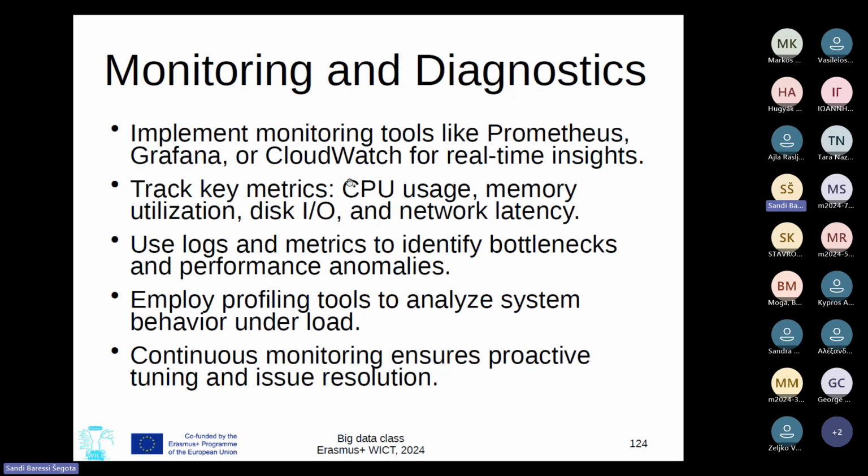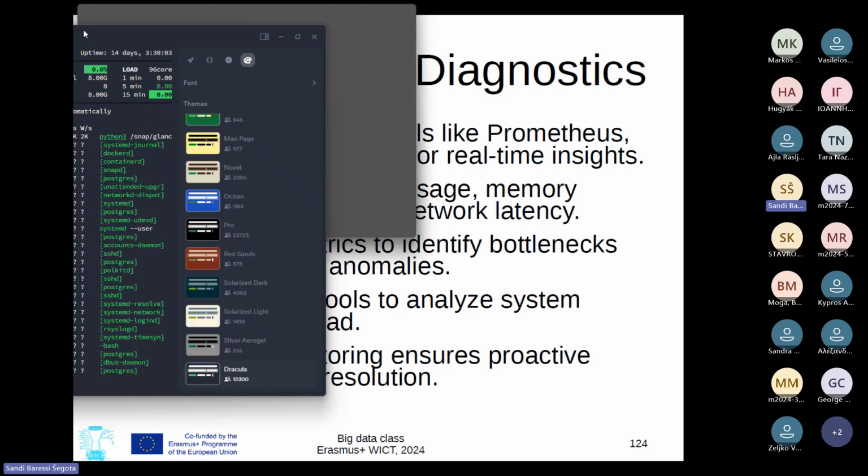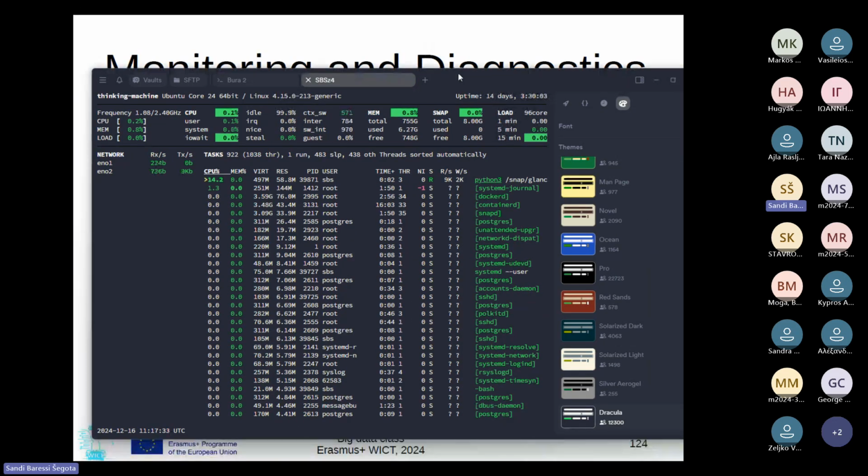When we're talking about computers, you want to keep key metrics like CPU, memory, and disk IO. There are a lot of tools out there for monitoring this type of stuff. I am going to show you some. For example, this is Glances.